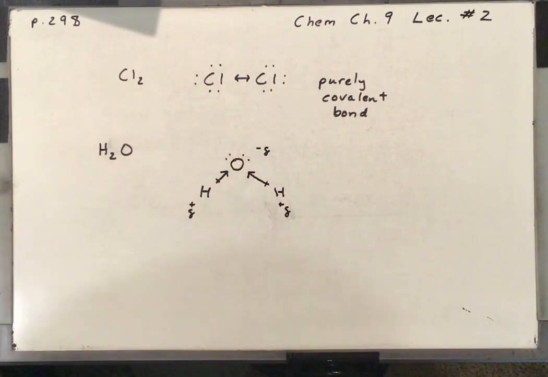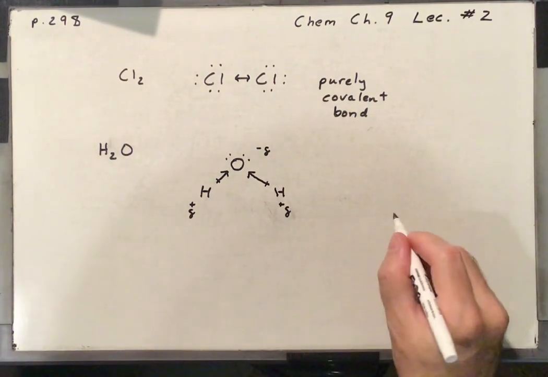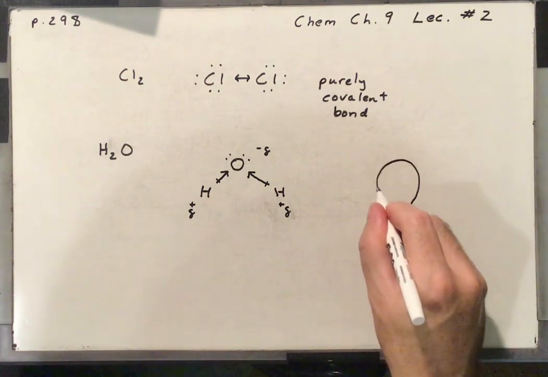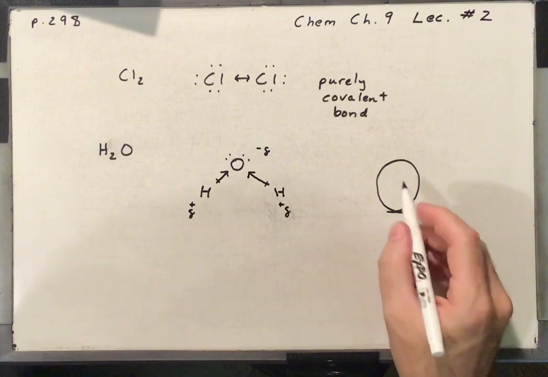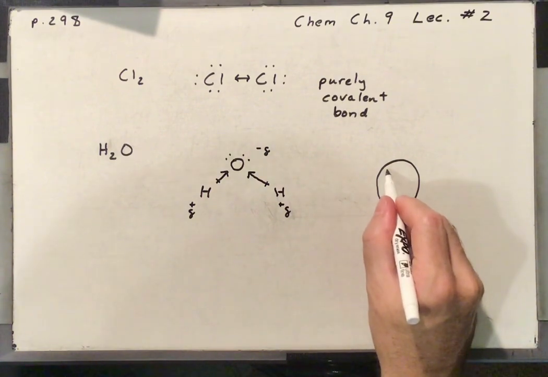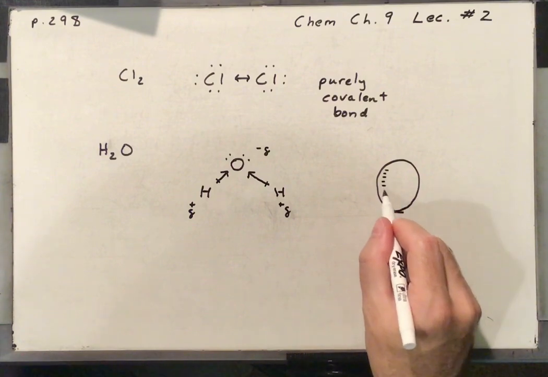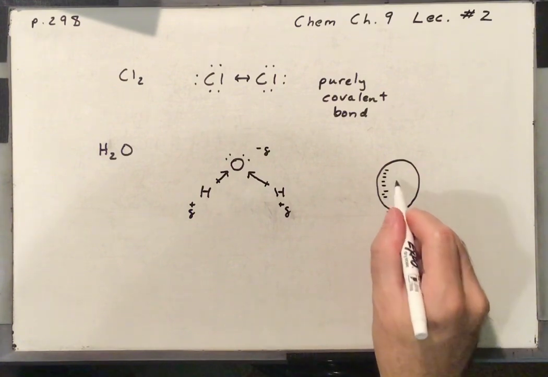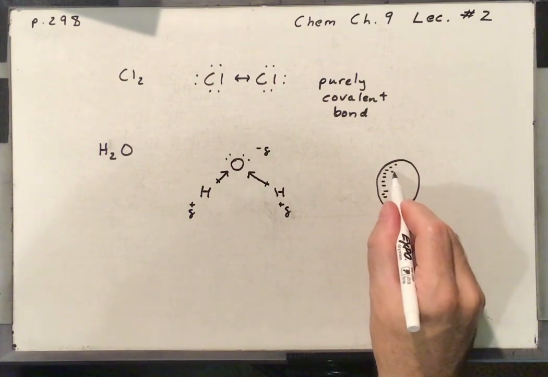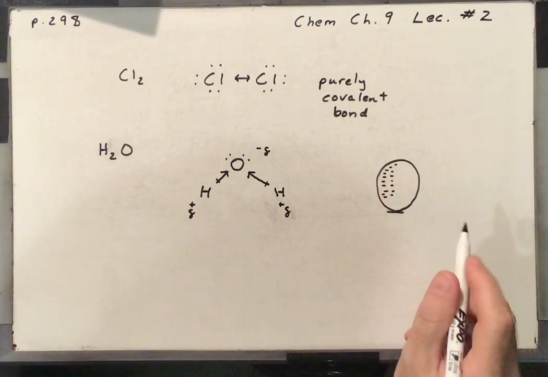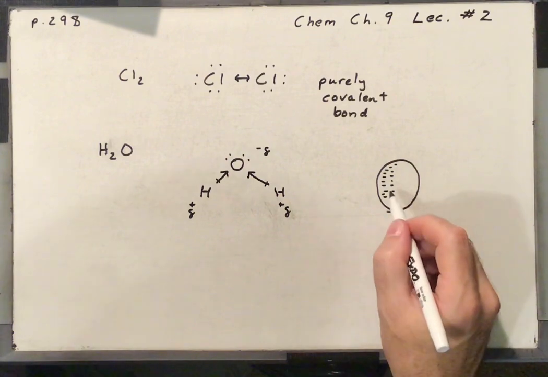If we were in class, I could show you what I usually do with the students. I blow up a balloon and I rub that balloon on my hair. A bunch of electrons will come off of my hair onto the balloon. We talk about that phenomenon in physics. So the balloon becomes very negatively charged.